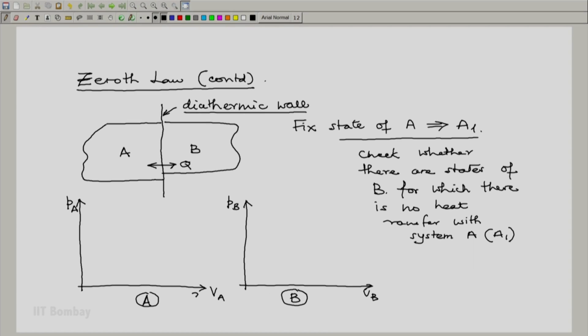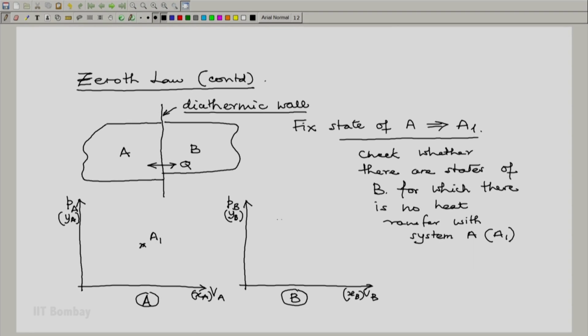If they are not fluid systems, in general this could be some property XA, some other property YA of system A, and this is some property XB of system B, some property YB of system B. Let us say this is our fixed state of system A1.